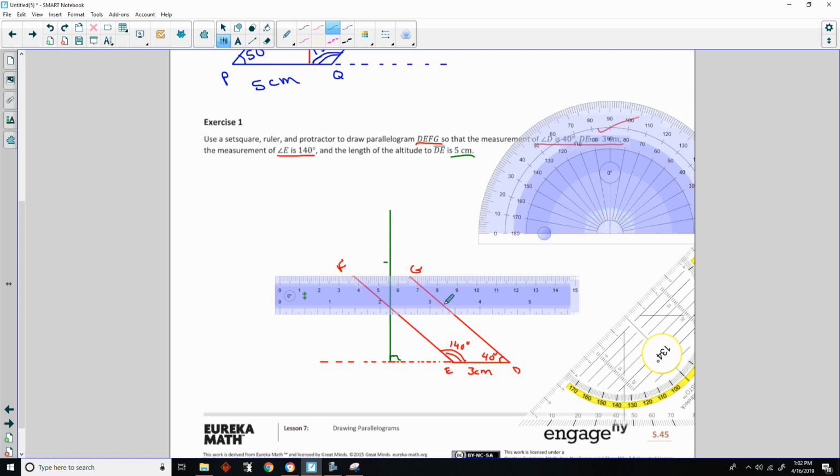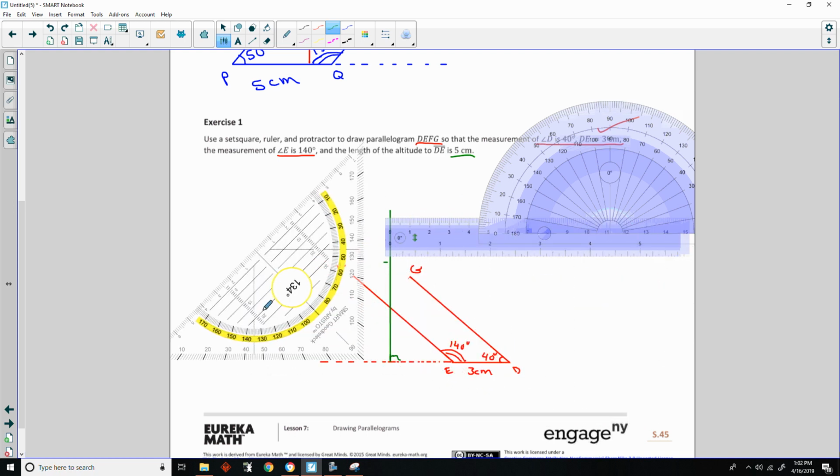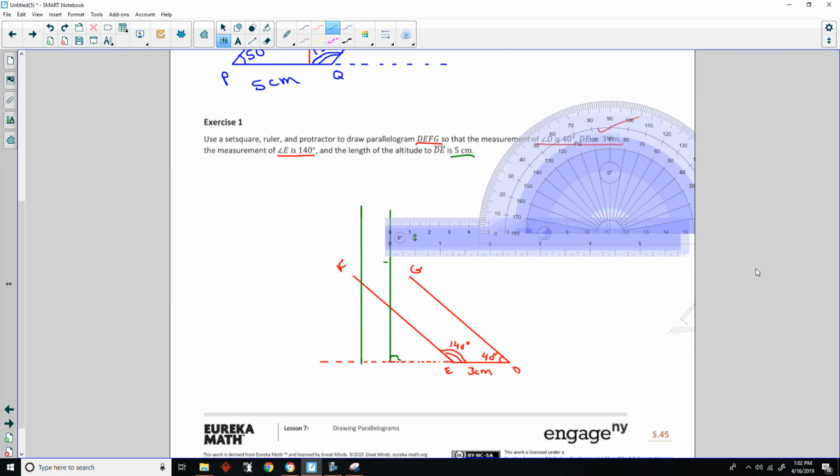Okay, so I need to extend. So the first thing I'm going to do is I'm going to draw another segment or another altitude over here, like so. And move that out of the way.